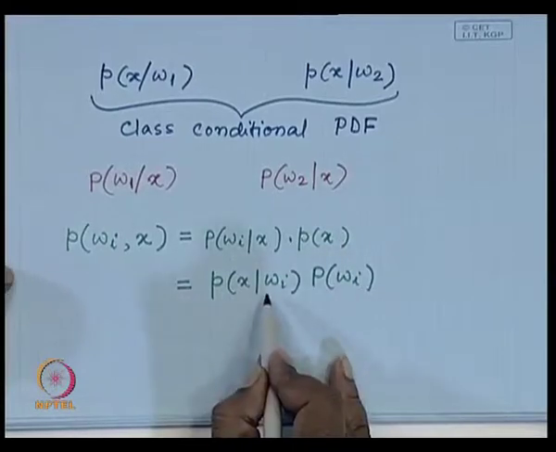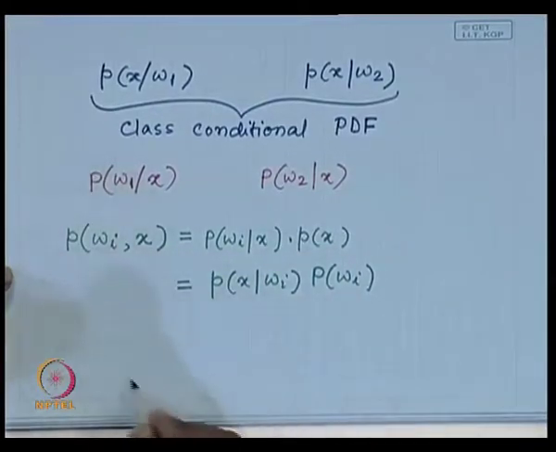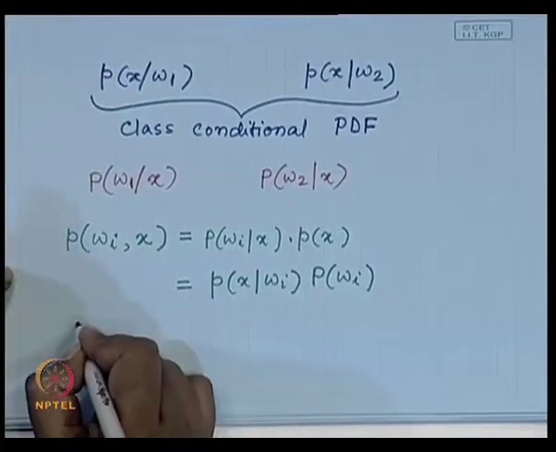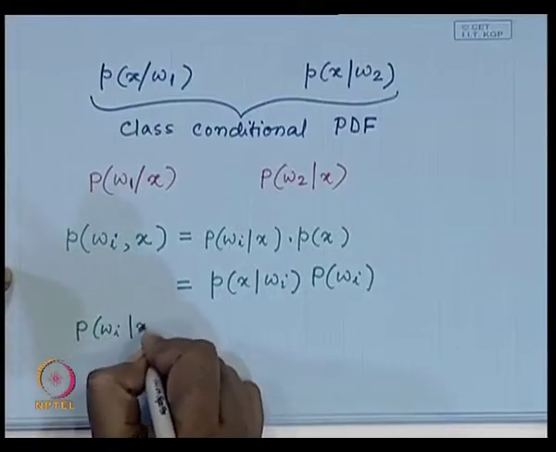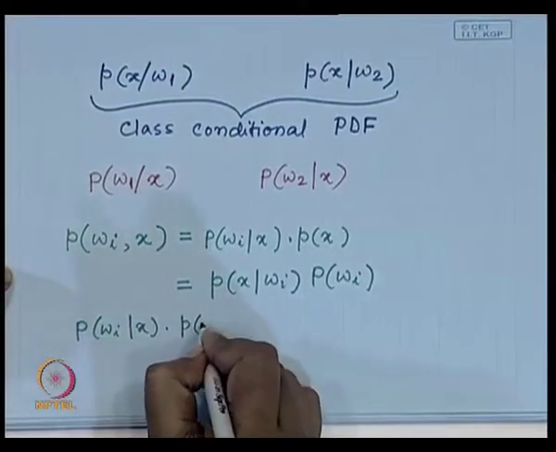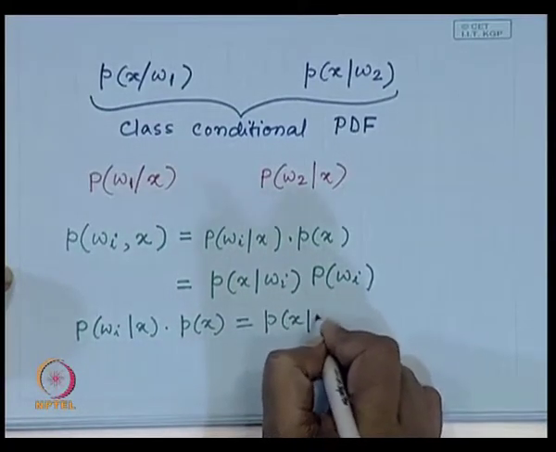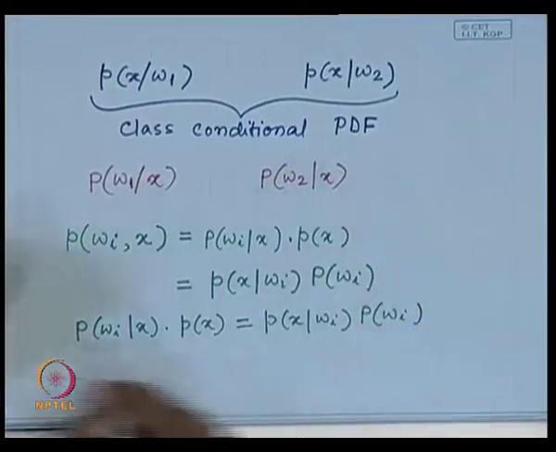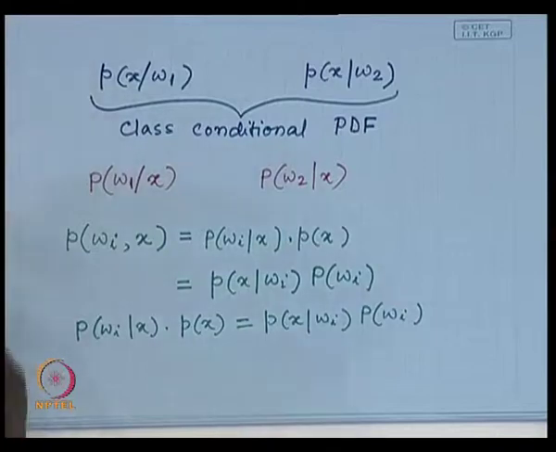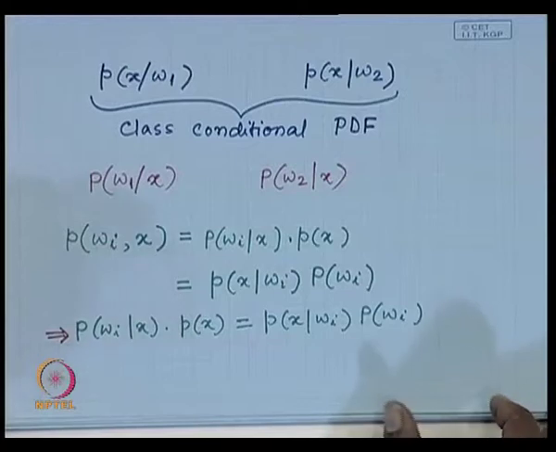This is again a conditional probability and this is the a priori probability that we have already said. Now, from here I get a very simple expression: p of omega i given x into p of x is the same as p of x given omega i into p of omega i. I get this expression from preliminary probability theory.